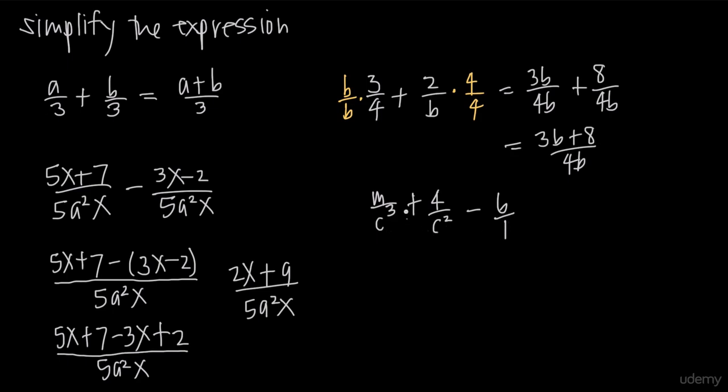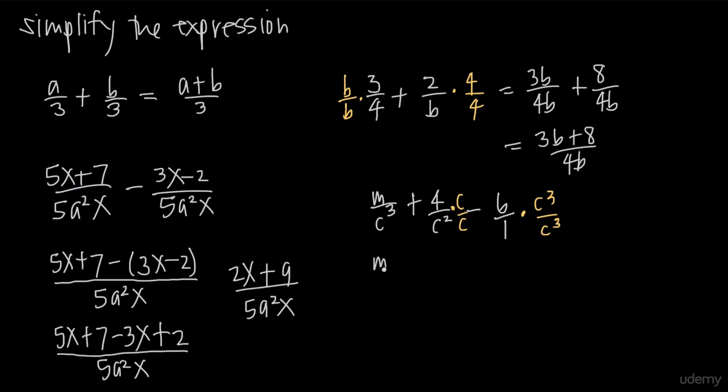Well, it's going to be c cubed, because we can just multiply this second fraction by c over c, because in the denominator that'll give us c squared times c, which is c cubed. Here we'll multiply this by c cubed over c cubed, because 1 times c cubed will give us c cubed, and so now we'll have a denominator of c cubed for all three fractions.